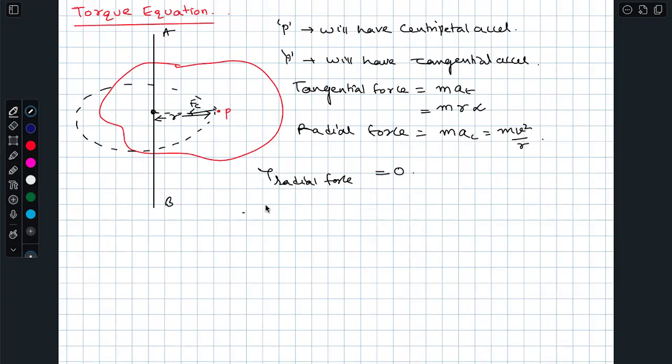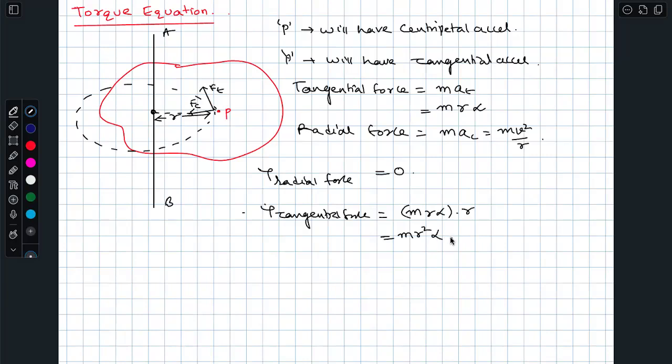What about the torque of tangential force? It is simply m r alpha into r, which can be written as m r square alpha.